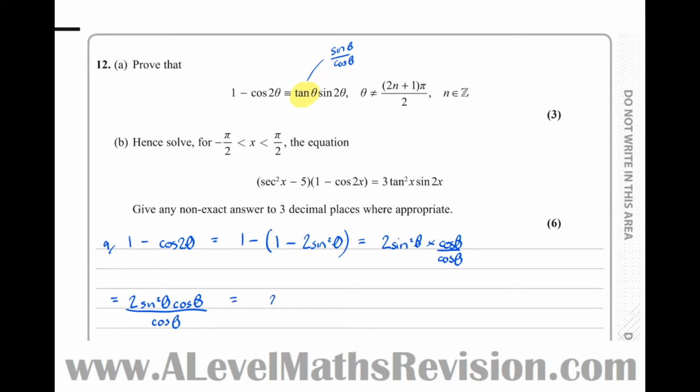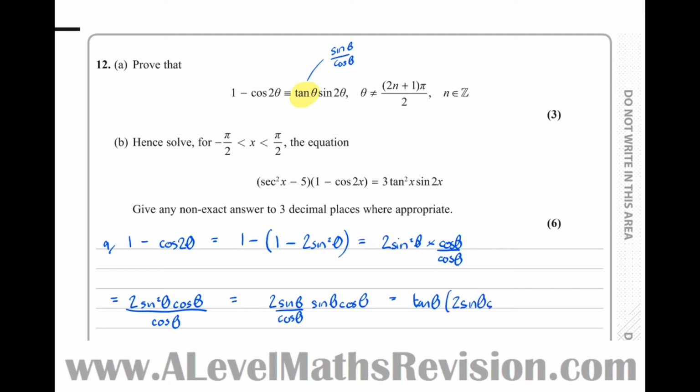And if we write it in this way, 2 sine theta over cos theta times sine theta cos theta. You have a look at that to convince yourself that that's true, that that's equal to everything that we've written before. Okay, so that becomes tan theta times 2 sine theta cos theta.